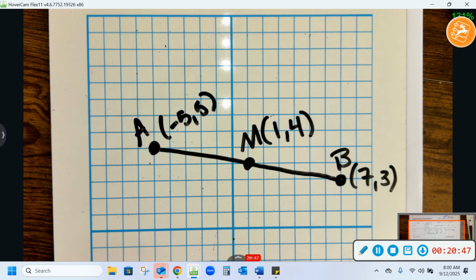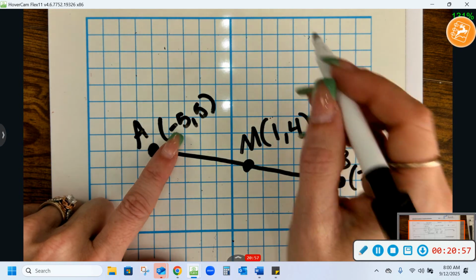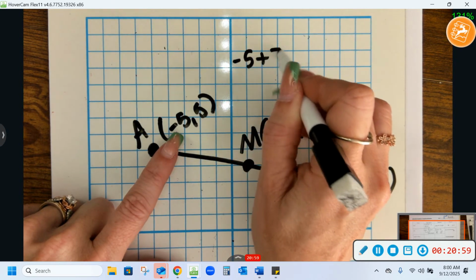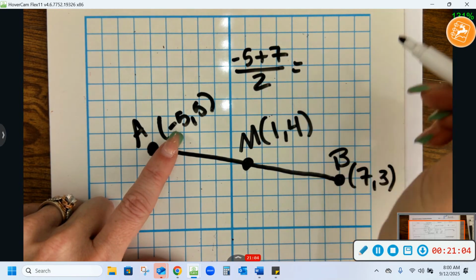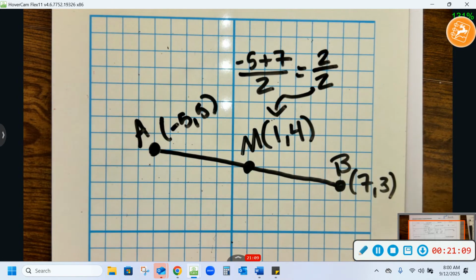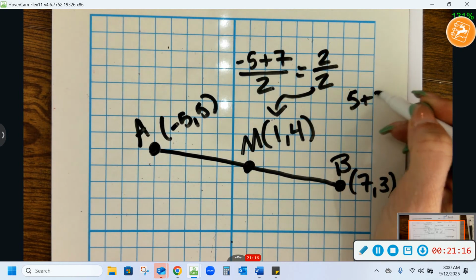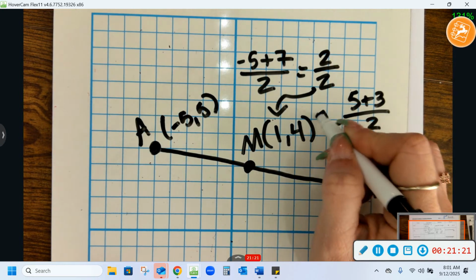Middle. So if I added x and x and divided by 2, that would be the middle, right? So if I do my x values, -5 plus 7, and divide that by 2, what am I going to get? 2 divided by 2. Hey, there we go. Whoa. And then if I do my y value, 5 plus 3 divided by 2, what do I get? 4.